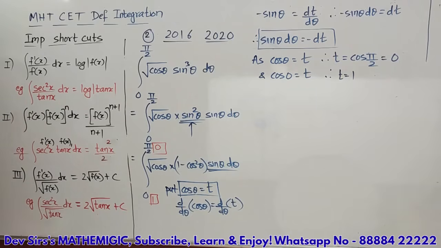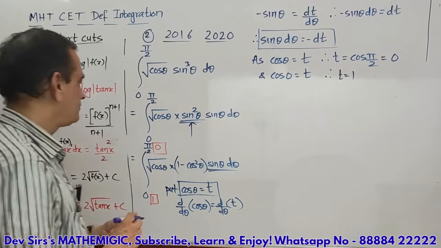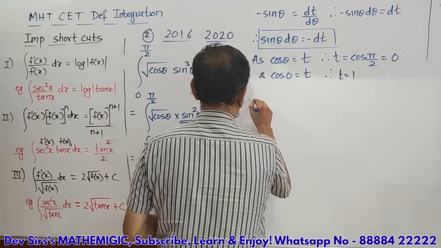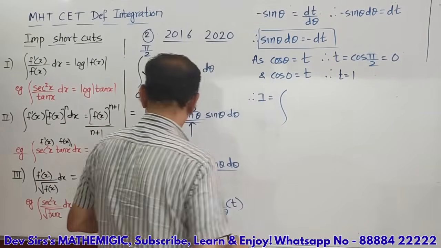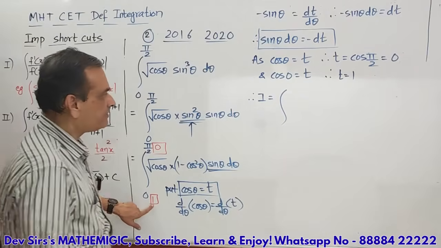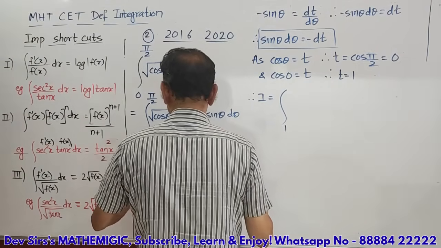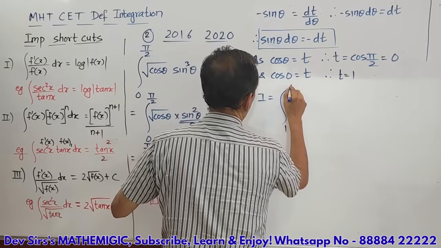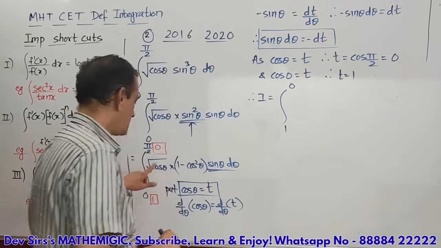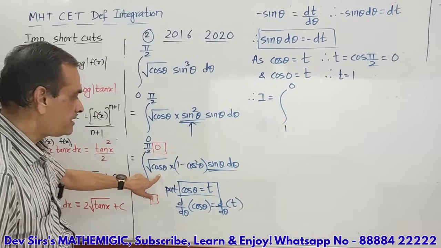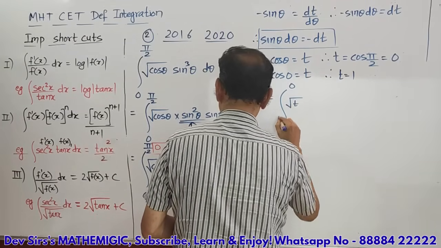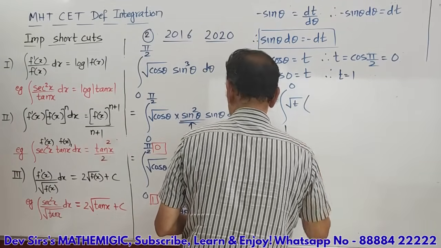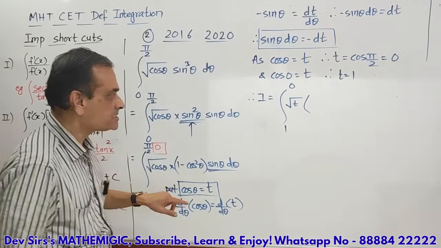So let us make the substitutions now. Integral I equal to, cos 0 has got converted into 1. Cos 90 has got converted into 0. Cos theta is t, so root of t times (1 minus t squared).